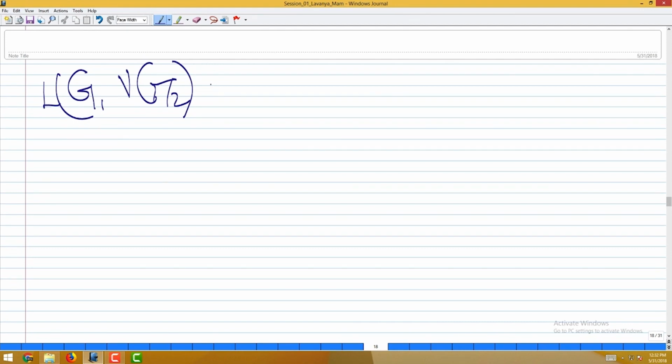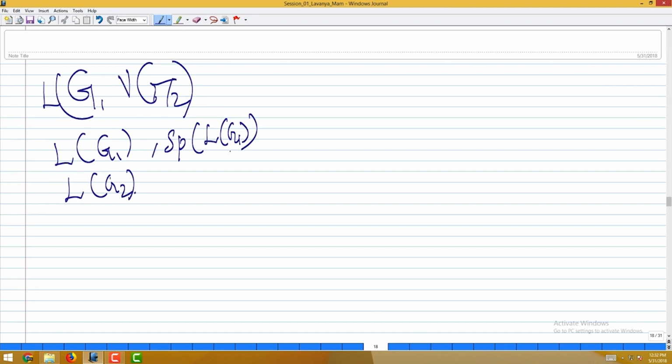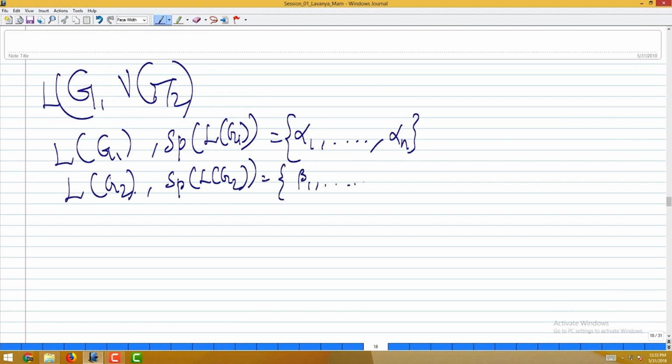First, let us look at how my Laplacian matrix will look. Let L of G1 be the Laplacian of G1, L of G2 the Laplacian of G2, and let the spectrum of the Laplacian of G1 be alpha 1, alpha 2, up to alpha n, and the spectrum of L of G2 be beta 1 to beta m, because I am not committing anything on the number of vertices being equal.